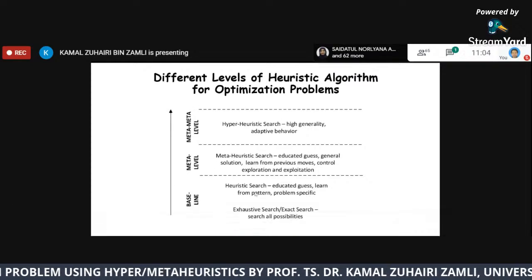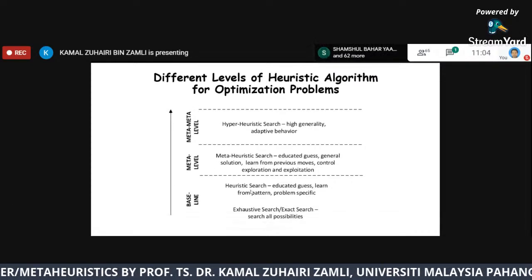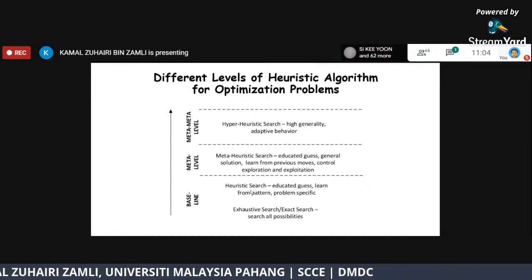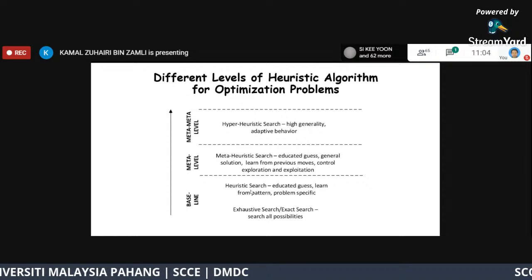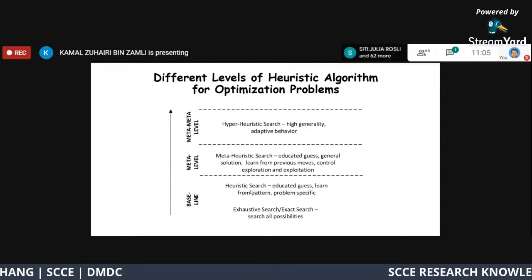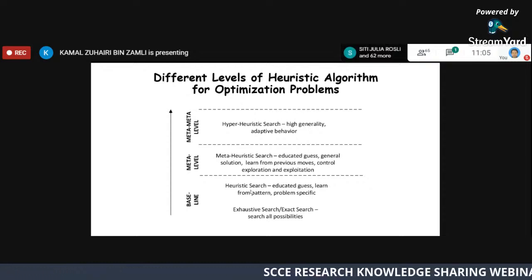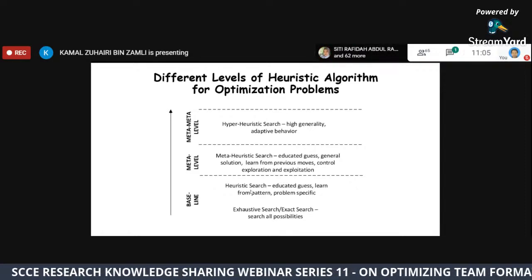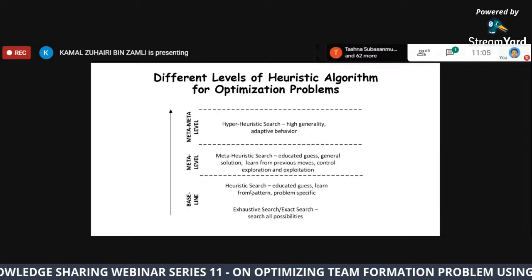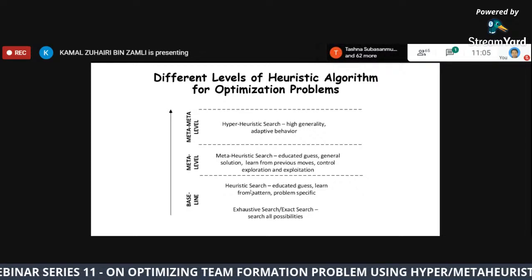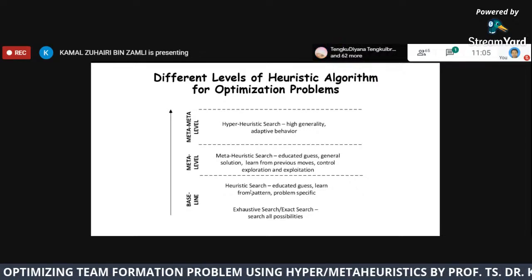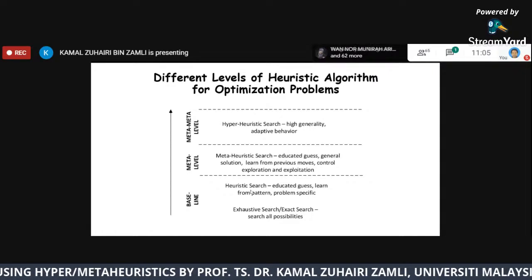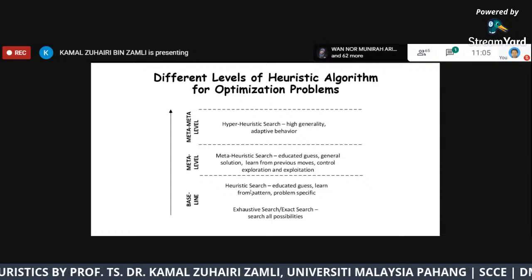Now the next baseline is heuristic search. In heuristic search, maybe you use something called an educated guess. For example, you want the person from Unimap. The educated guess is that maybe the guy from Unimap is wearing a Unimap shirt. Every university has an official shirt that we wear.